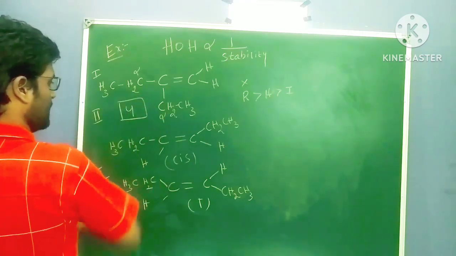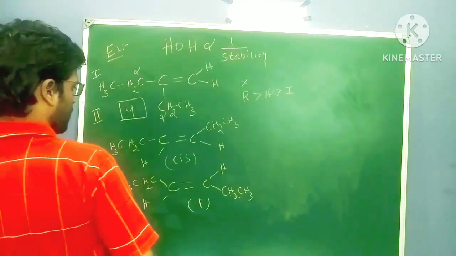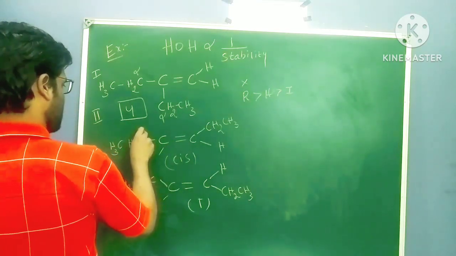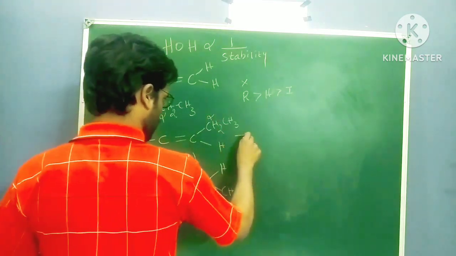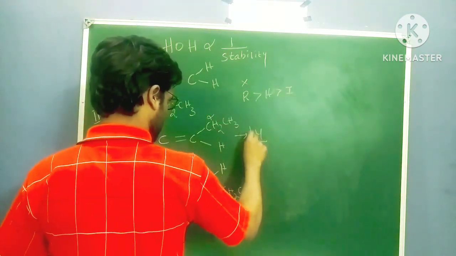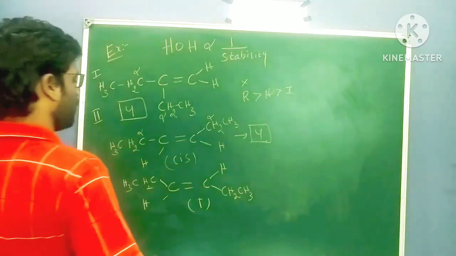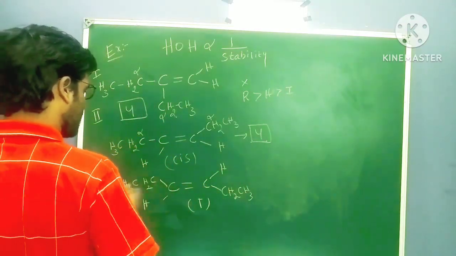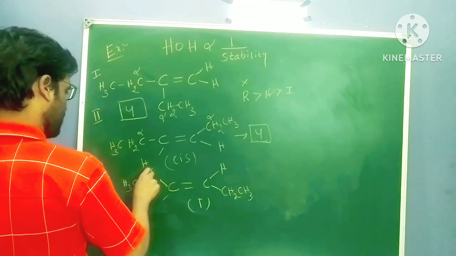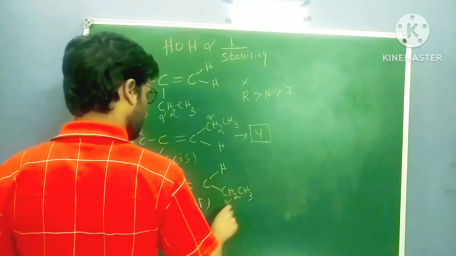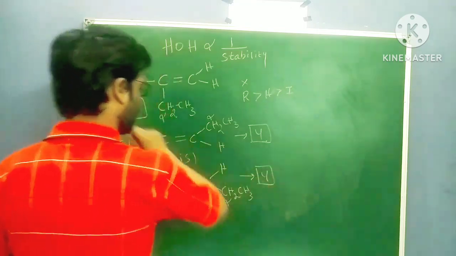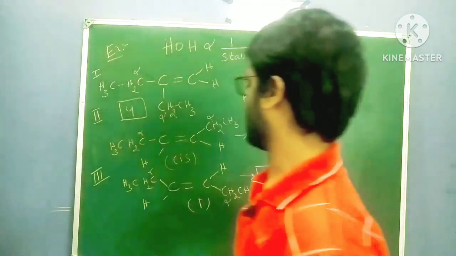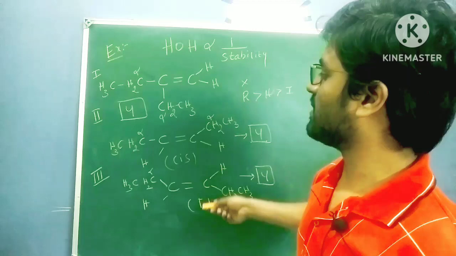So 4 hyperconjugating structures. Next, for this alkene, this is alpha position, this is alpha position, so here also 4 hyperconjugating structures are there. Here also alpha position, alpha position, so 4 hyperconjugating structures are there. So hyperconjugating structures are the same.